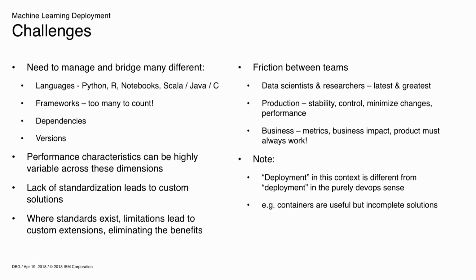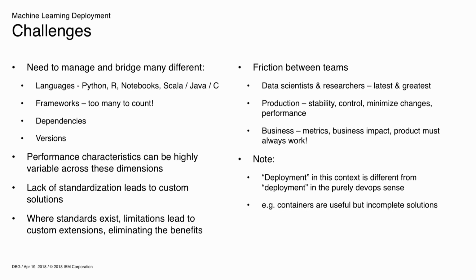But this lack of standardization is really the key here, and that ends up leading to custom solutions. So packaging up everything with custom scripts and doing a lot of manual work. There might be some overall standard for, let's say, how to expose a model as a REST API, but it's not baked into the software.